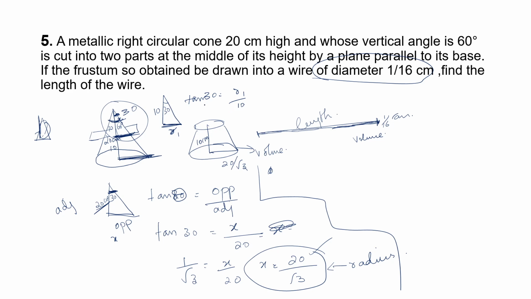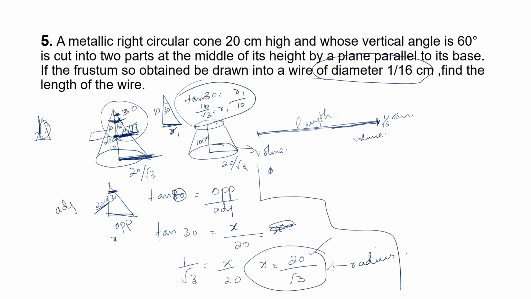So then 1/√3, and this radius will become 10/√3. Same method we are using to find both radii. So this is also 30, so using that we can find the big triangle radius, and again using 30 we can find the small triangle radius. So this radius will become 10/√3 and this will become 20/√3.